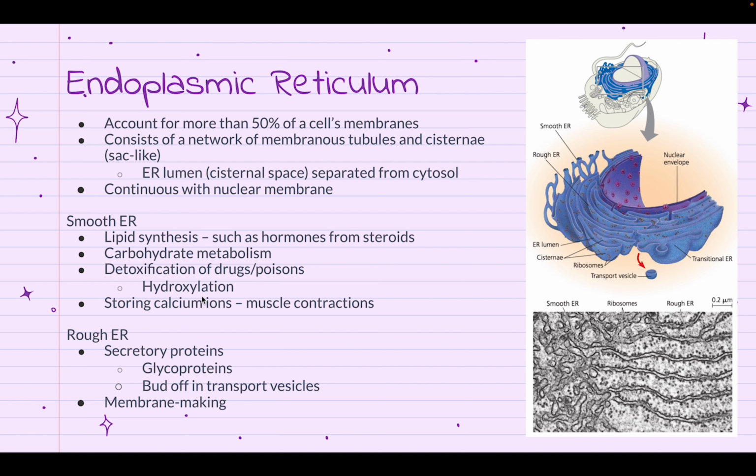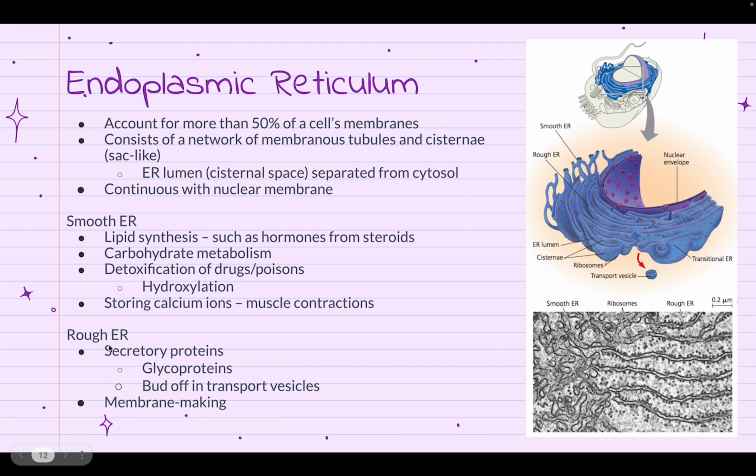Essentially that makes it more water soluble, and the more water soluble it is, the easier it is to get flushed out of your system, which is what you want. Sometimes the smooth ER also stores calcium ions, which helps with muscle contractions. In this case, it's usually called the sarcoplasmic reticulum.